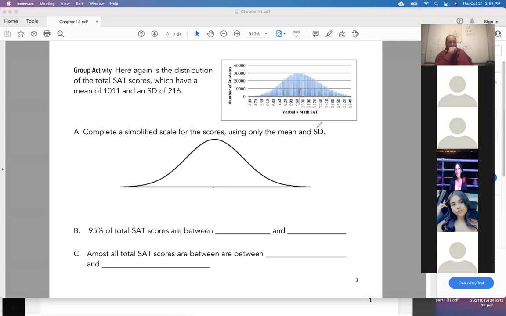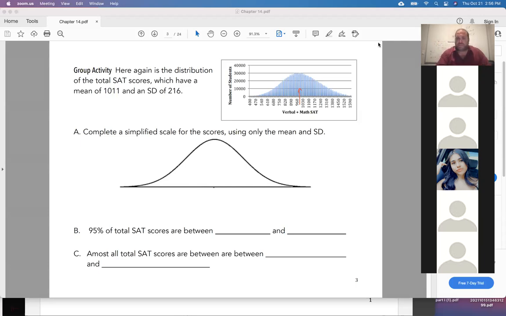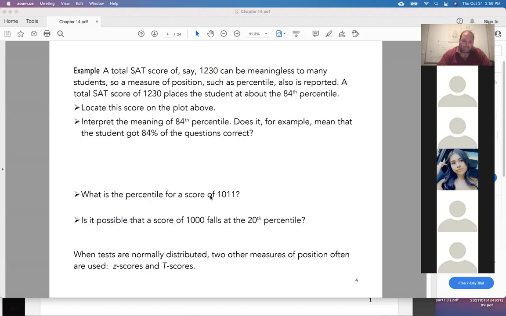Can that possibly be the 20th percentile? No, not by any stretch of the imagination. I mean, 1,011 is barely next to it, and it's the 50th percentile. You're not going to drop 30% in 11 points. It doesn't make any sense at all. So the answer is no, 100% not.